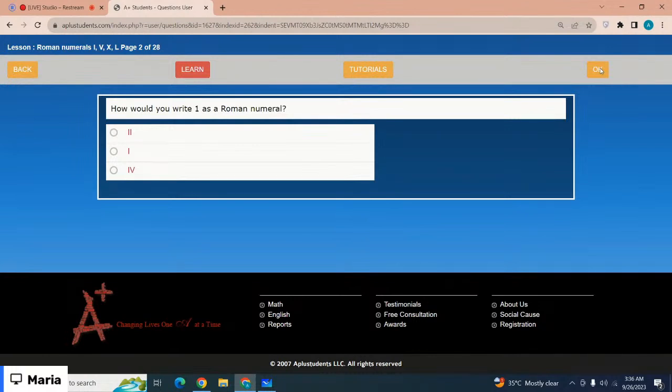How would you write 1 as a Roman numeral? So which is the correct option? How do we write 1? Yes, that would be the second option.